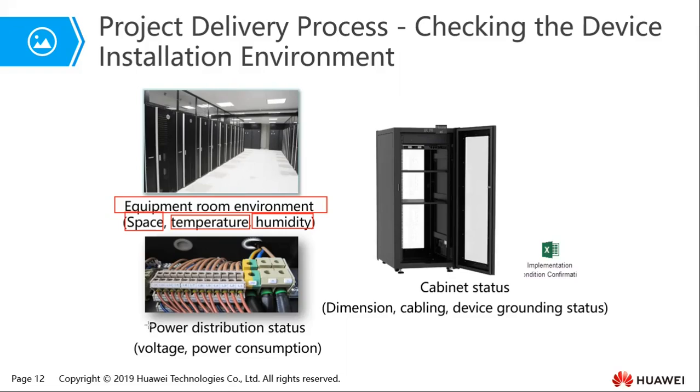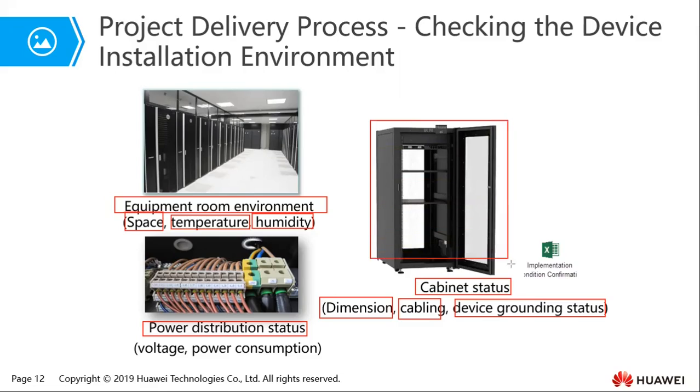Also closely related to the equipment room is the power distribution. So do you have the required voltage and the power current that is required to run the devices? Also, you might need to check the cabinet status, such as the dimensions, the cabling that is needed, and whether all the cabinets provide for grounding.